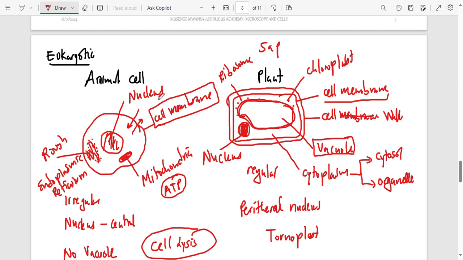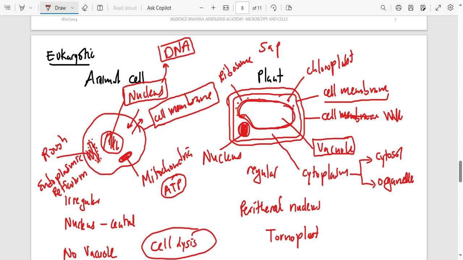Okay. The nucleus contains genetic information. Genetic information is contained in DNA. It is the one which will determine how tall you are going to be, how short you will be, your eye color, and all your characteristics are contained in DNA. How you are really going to be.